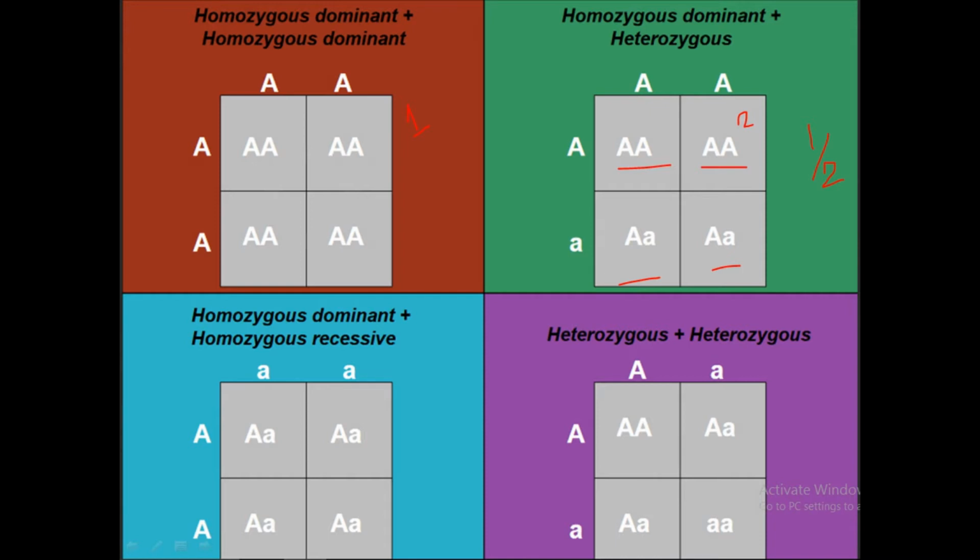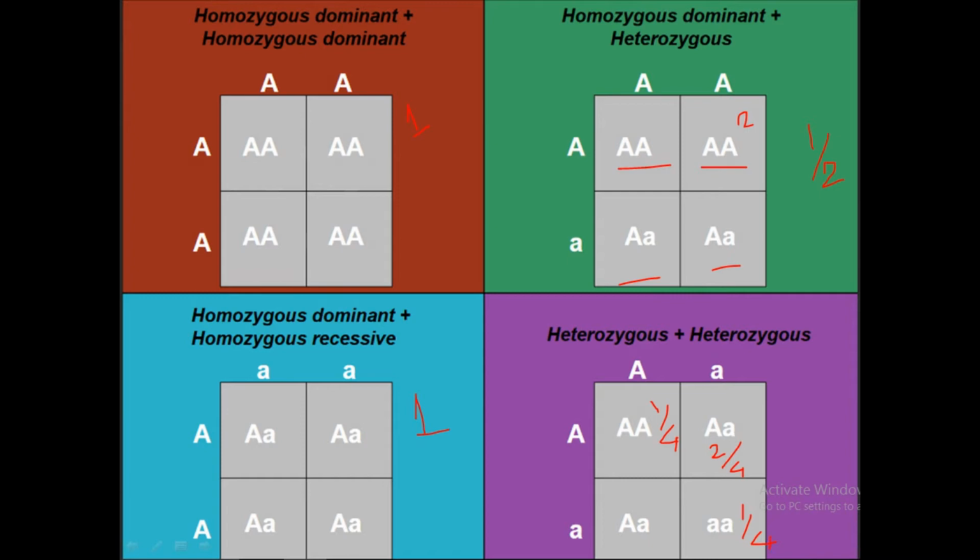If we cross between homozygous dominant and homozygous recessive, then we will again get this one. And if we cross between heterozygous and heterozygous, we will get the ratio of 1 by 4, 2 by 4, and again the small a small a is 1 by 4.